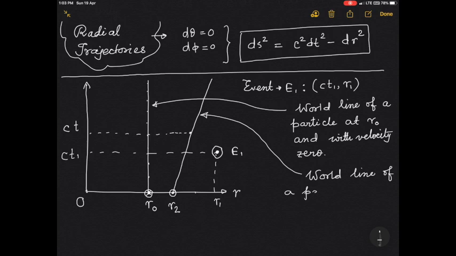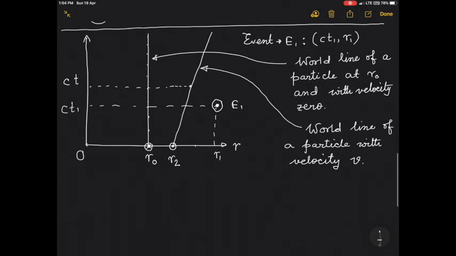So this now corresponds to the world line of a particle with velocity v. Now, if I ask the question what is this angle, let's try to figure it out.